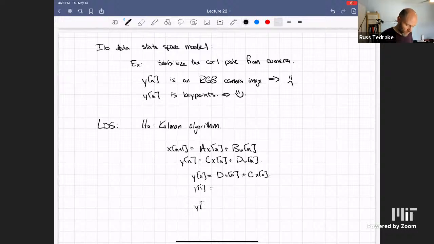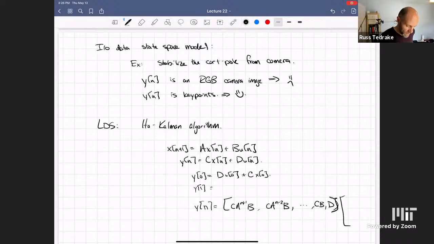If I roll it out though, y of n, I can write it as this big matrix, C A to the n minus 1, C A to the n minus 2, all the way through to CB, D. It's a big block matrix, okay?